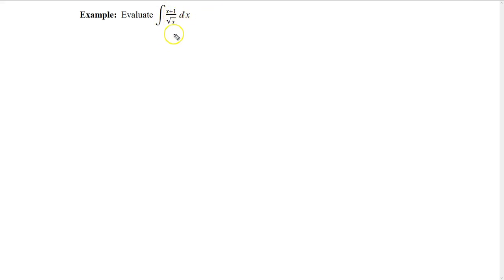Here's another one where we have to try to rewrite our integrand so that we can use the power rule. So what we're going to do is split this fraction apart and write it like this.